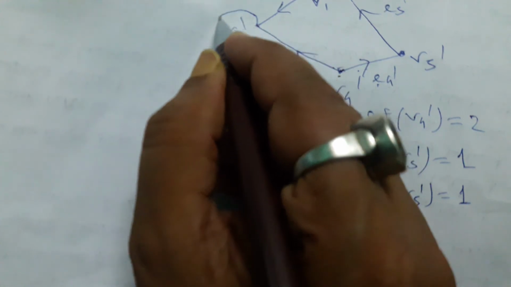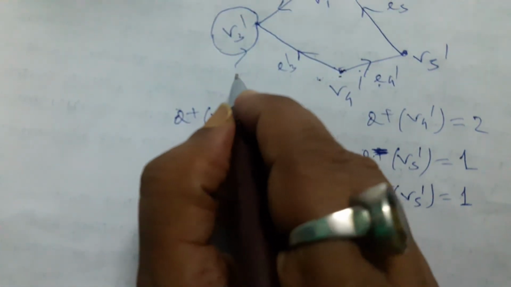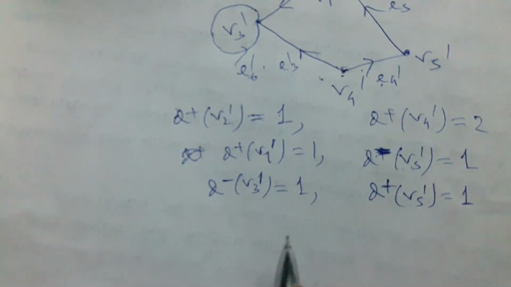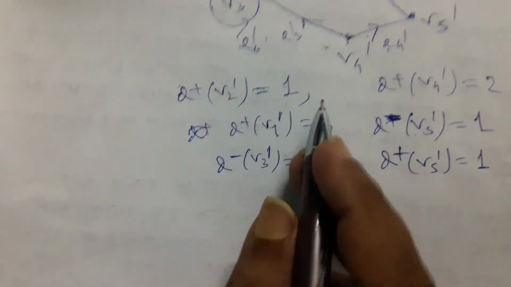And the concept of a loop: if we form a loop like this, if we consider here E6 dash, then this will contribute 2, because it is one in degree and one out degree.